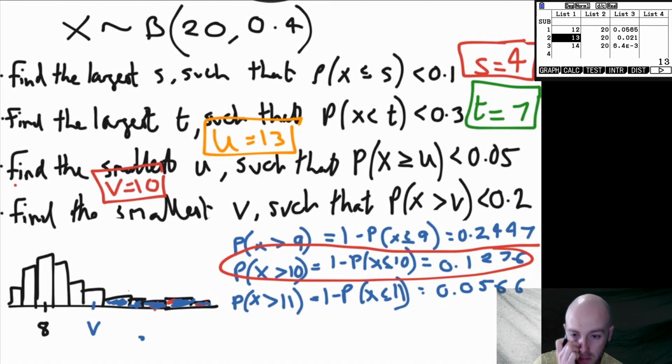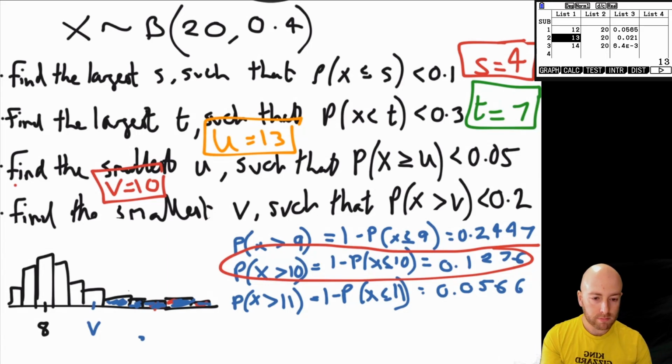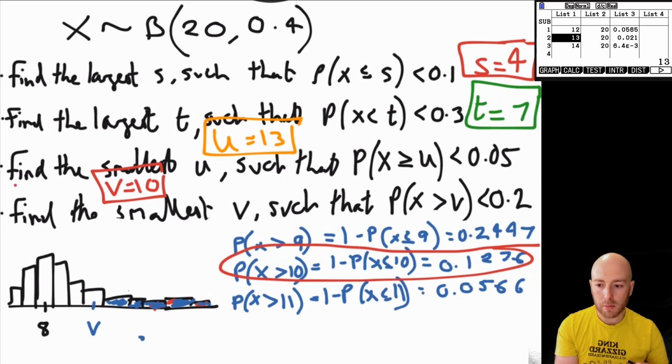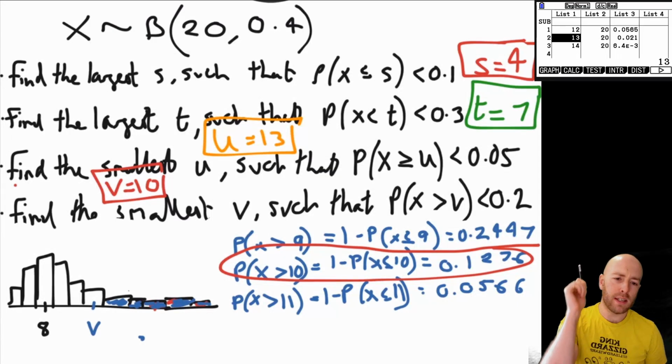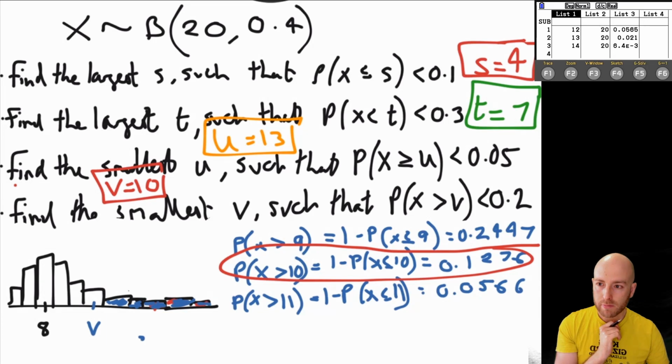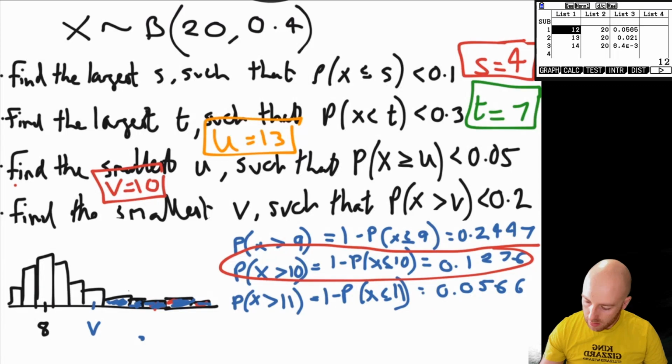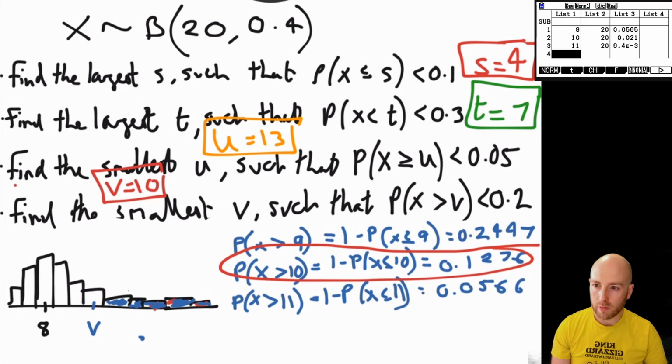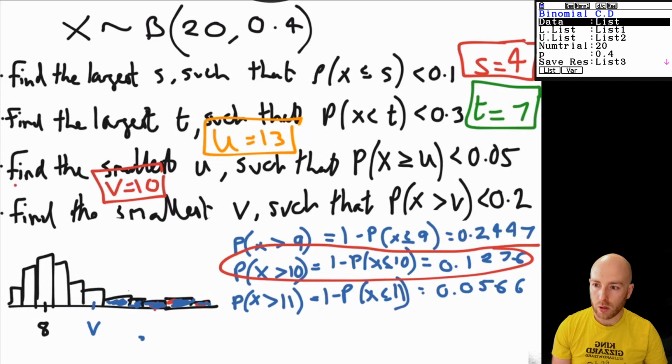And to do that on the graphical, same kind of idea. But see on the graphical, we want greater than v. So whatever value we find in here, this is going to be greater than or equal to. We need to get one less than it. So if we put in 9, 10, 11, distribution, binomial BCD, everything there should be the same as it was before.